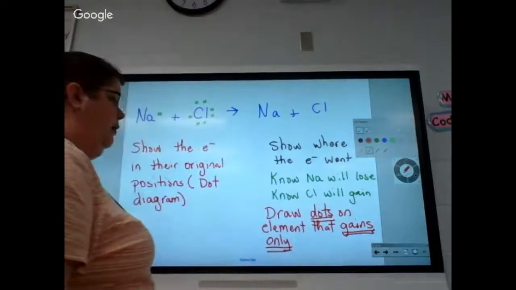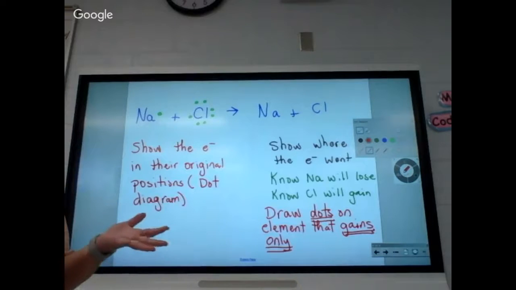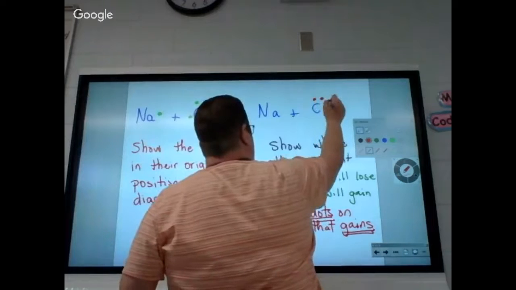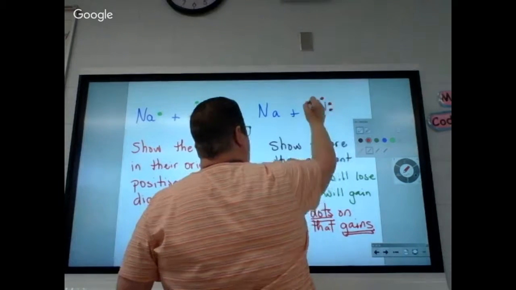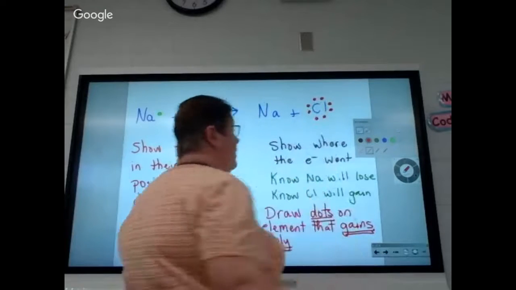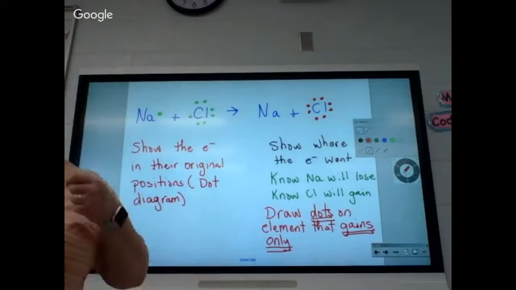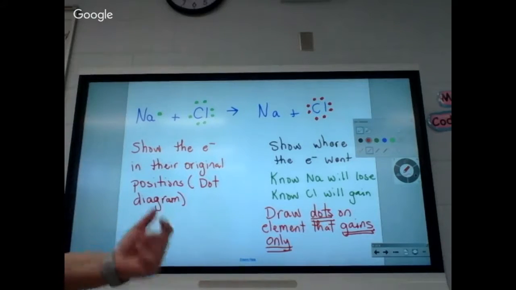Okay? So, dots on the element that gains only. So, chlorine has how many to start with? 7. And it's going to gain how many? 1. So, it's going to wind up with an 8th dot on chlorine. That's one thing we're going to do. We need one more thing to illustrate that Na lost and Cl gained that we already know how to do.